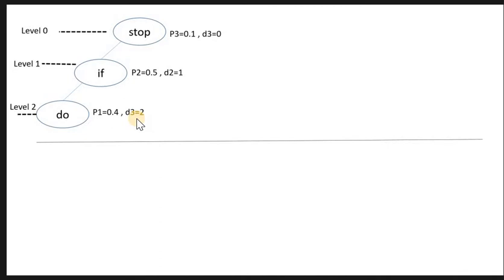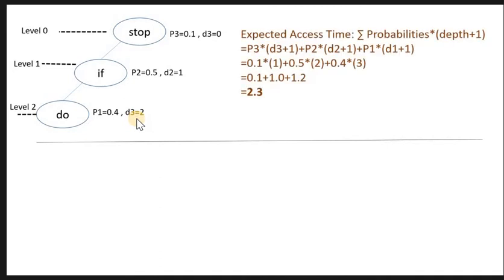Now we'll solve this by using expected access time as the summation for i equals 1 to n of probability times (depth plus 1). When you are calculating the number of comparisons, you have to take the depth plus 1 because a comparison is made at every level. Then start with the first, that is P3.